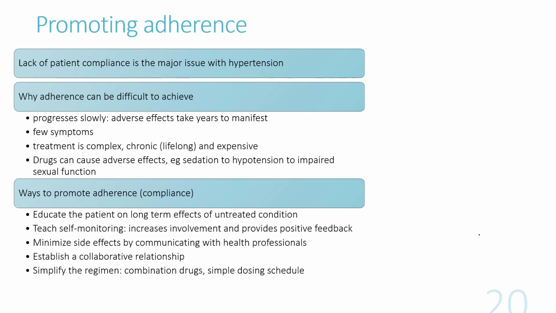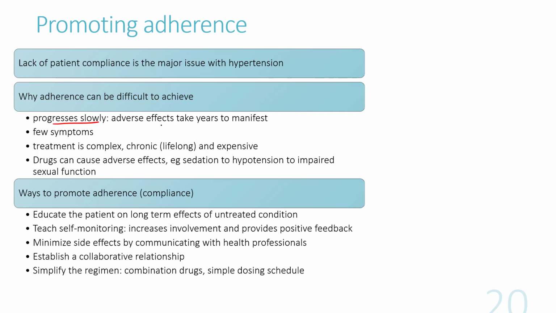Now, it's very, very hard to get someone to start high blood pressure medication and to continue with it. That's why lack of patient compliance is a major issue with high blood pressure, right? The reason why compliance is very hard to get is because high blood pressure progresses slowly.